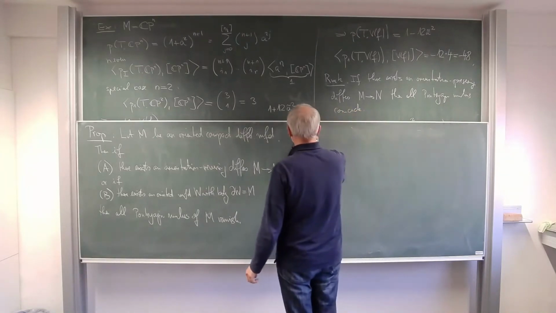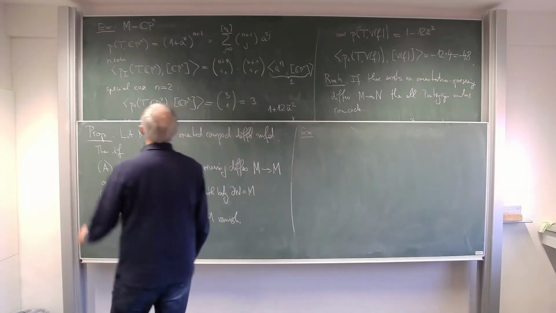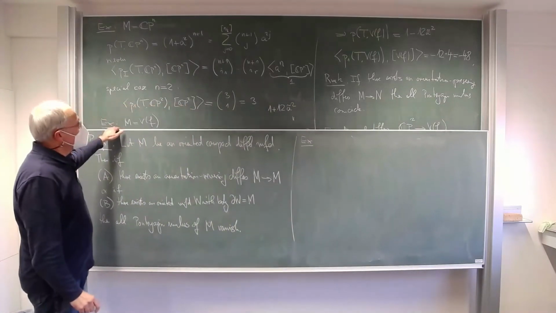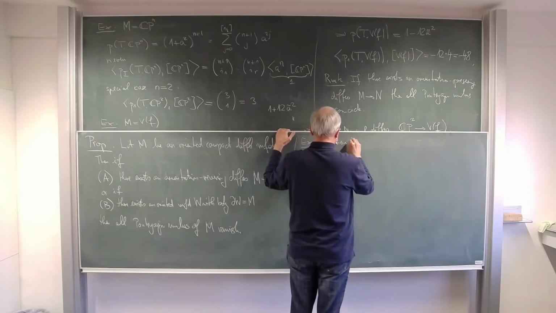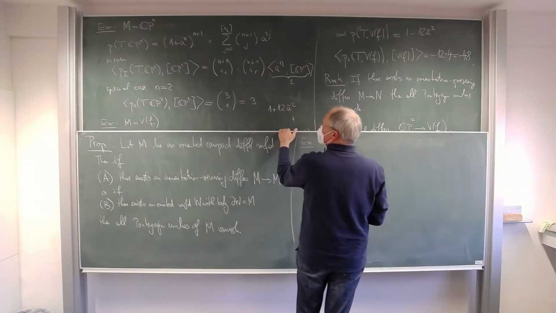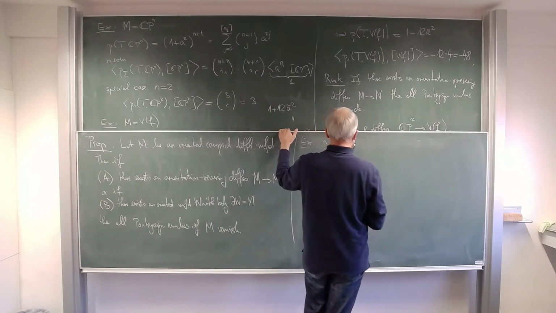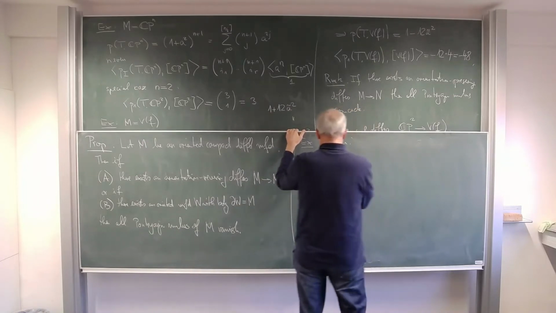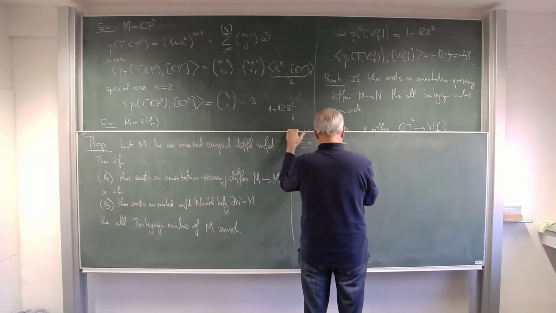So in the example of CPN, well, for n even, we certainly have one Pontryagin number of CPN which is non-trivial, namely, if we look at the n on 2, so maximal degree here.